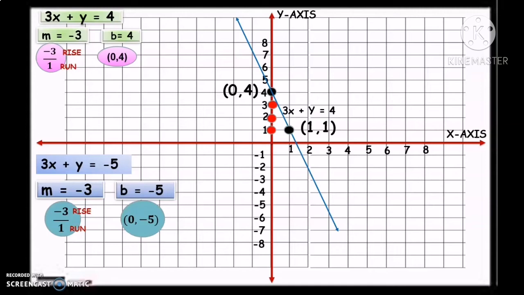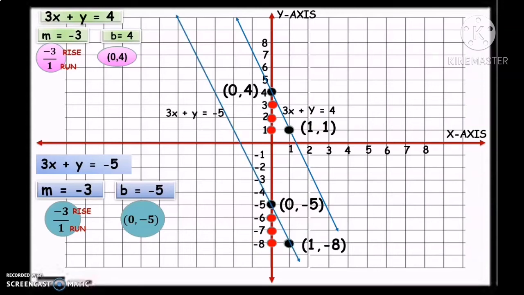Now, plot po natin. 0 and negative 5, so nandito siya. Since negative po ulit ang kanyang rise, from this point, we're going to count 3 units downward. 1, 2, 3. And then, run natin, positive going to the right. And then, plot it. So, ang coordinate po niya ay 1 and negative 8. Yan po. And then, connect.